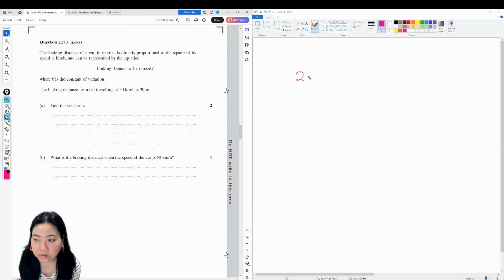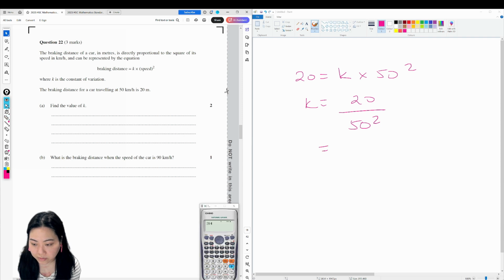Braking distance is 20 equals k times 50 squared. Therefore, k is going to be 20 divided by 50 squared. I have to be careful how I write this. And that is 8 times 10 to the minus 3, which is 0.008. We found k, that's worth 2 marks.